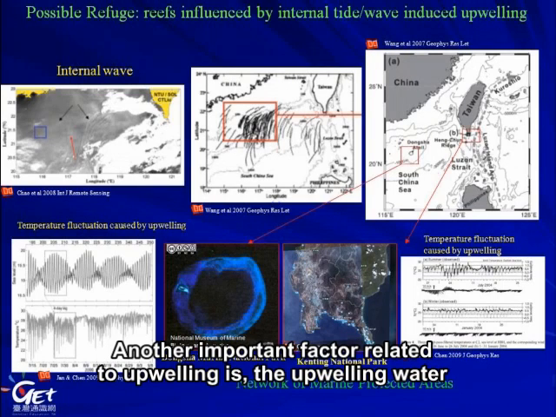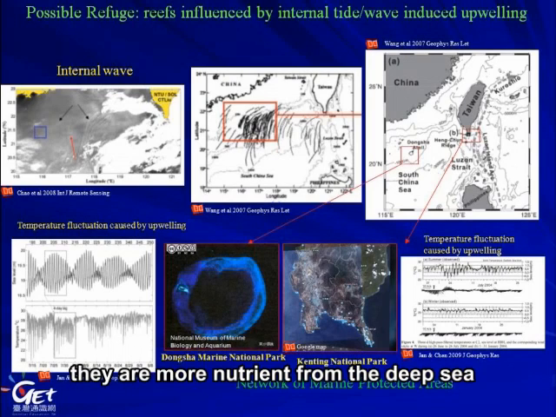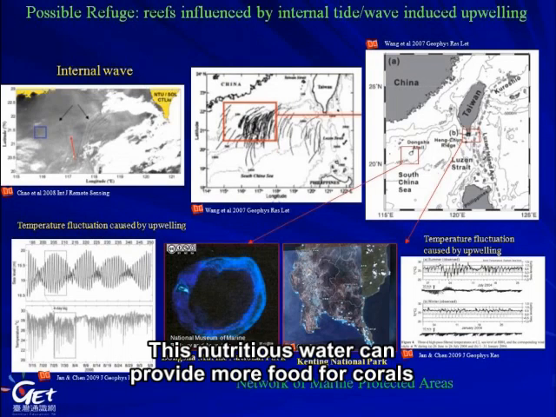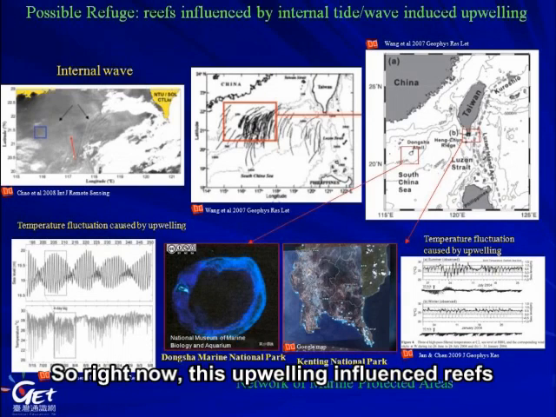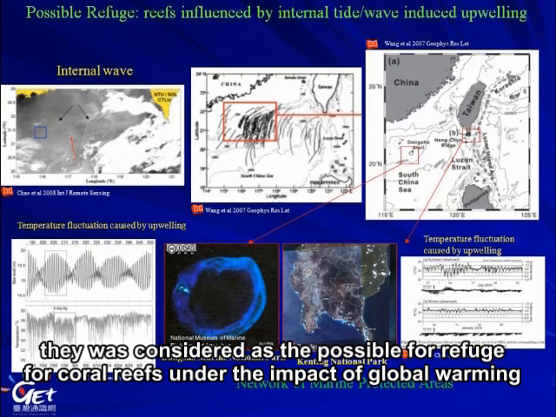Another important factor related to upwelling is the upwelling water. They are more nutrient from the deep sea, and this nutritious water can provide more food for corals, so they are more resistant to the environmental change. So right now this upwelling influenced reefs they was considered as the possible refuge for coral reefs under the impact of global warming.